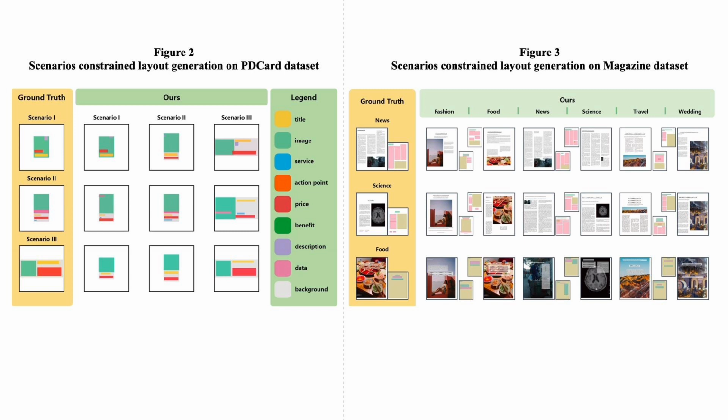This accords with our common sense that science and news magazines are more serious and require rigorous layouts, while fashion and food magazines are prepared for entertainment and leisure, which require more innovative and unconventional layouts. Therefore, we can say that our model is capable of generation with scenario constraints.